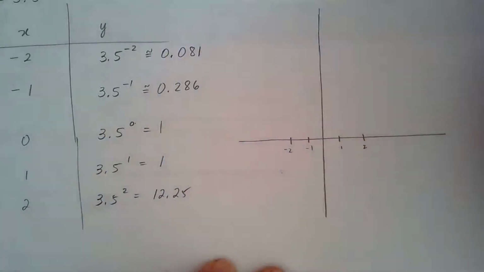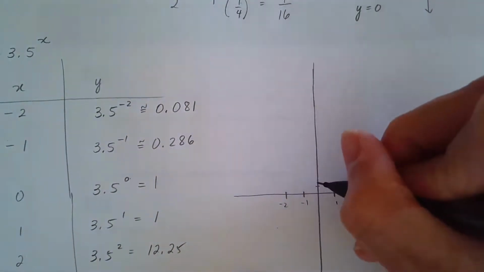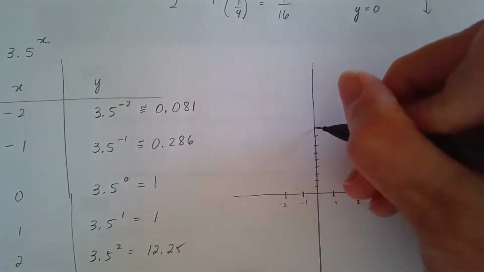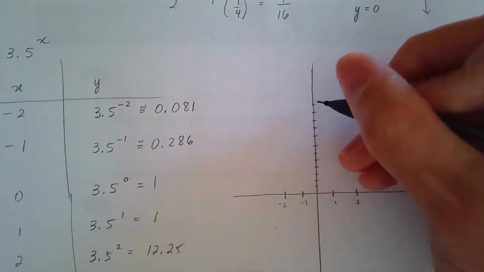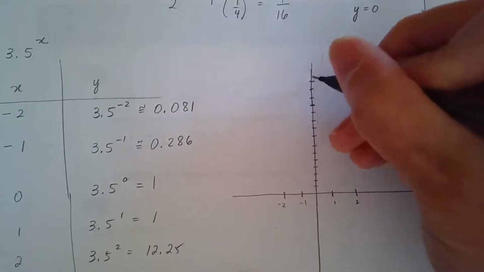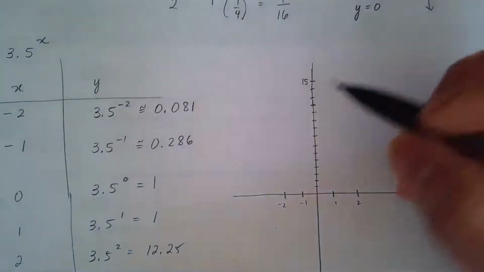And then we can use a scale of 1 as well for the y-axis: 1, 2, 3, 4, 5, 6, 7, 8, 9, 10, 11, 12, 13, 14, 15. So that just kind of shows us a scale of 1.